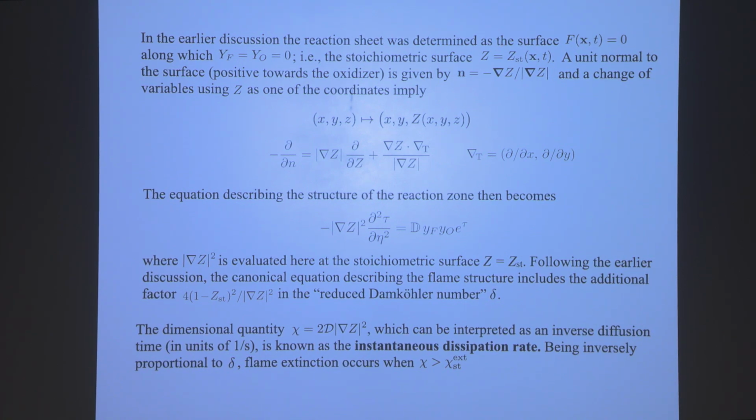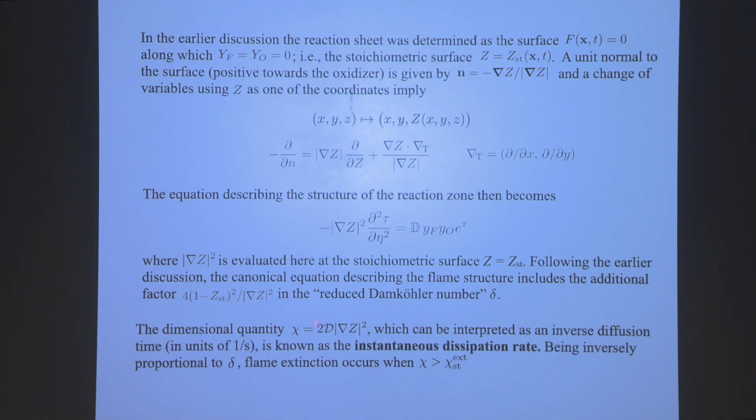If I do that, the details are that in the reaction zone structure that I showed you before, instead of variation in the normal direction, you're going to have variation in the direction normal to the stoichiometric surface, which can be a little different. And the gradient appears here as a gradient square, and it has been referred to in the literature as a dissipation rate, or an instantaneous dissipation rate.